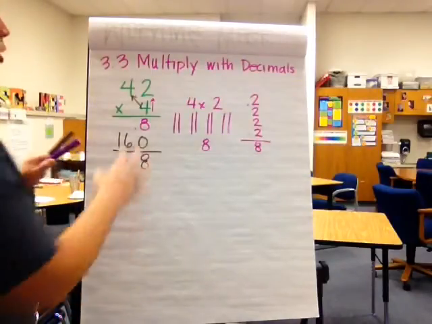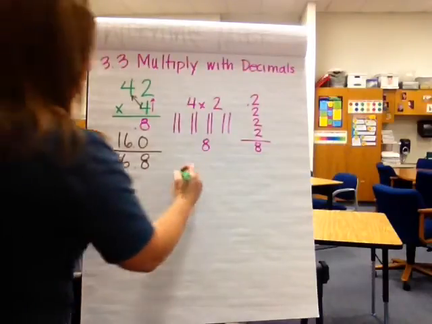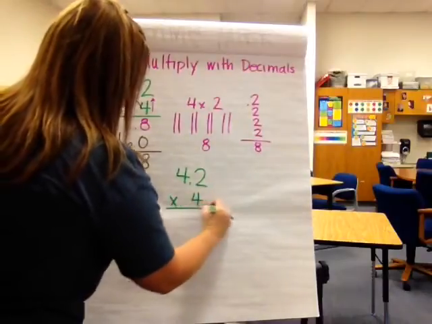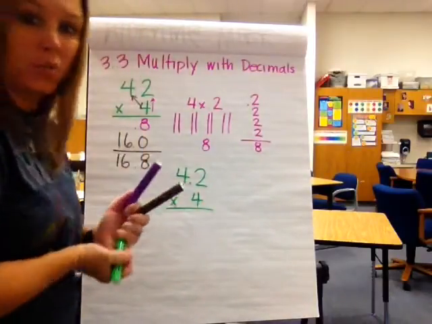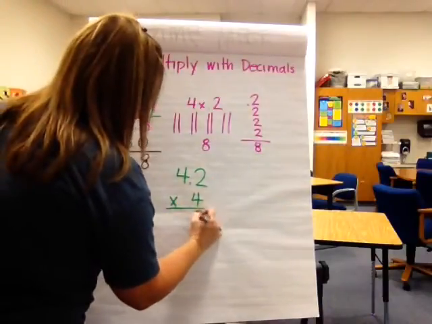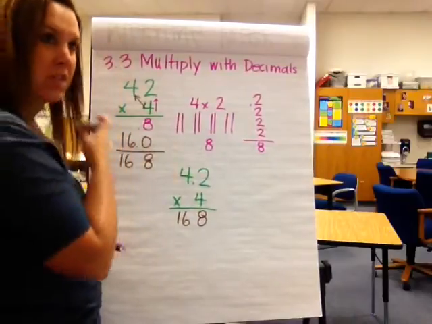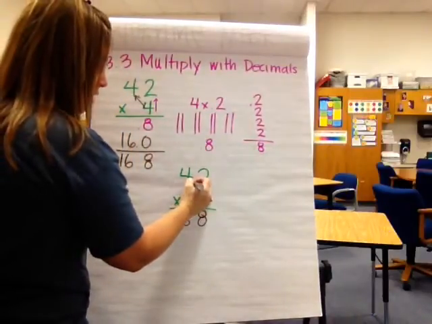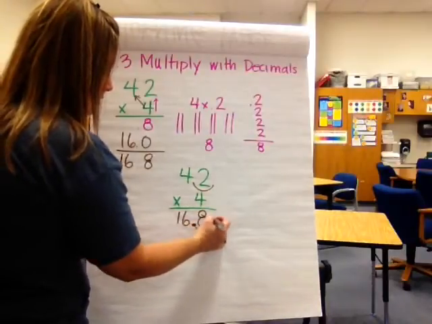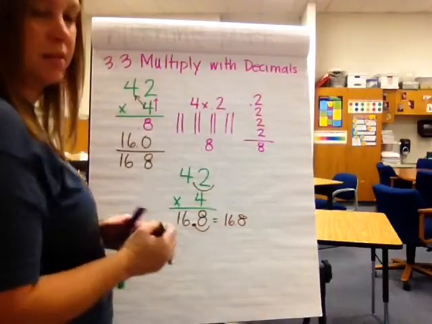So again, this is how it looks, but as far as the true multiplication, 4 and 2/10 times 4, honestly, it's the regular multiplication, okay? So it's going to be 4 times 2 is 8. 4 times 4 is 16. Now this is when I was talking about moving the decimal. You move the decimal once, that's the tenths. You have to insert back the tenths. So it's 16 and 8 tenths.